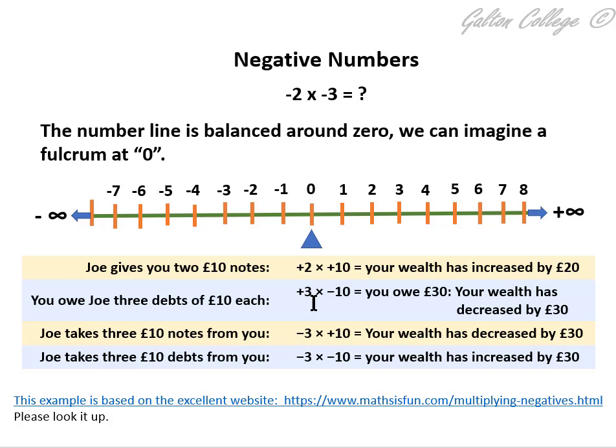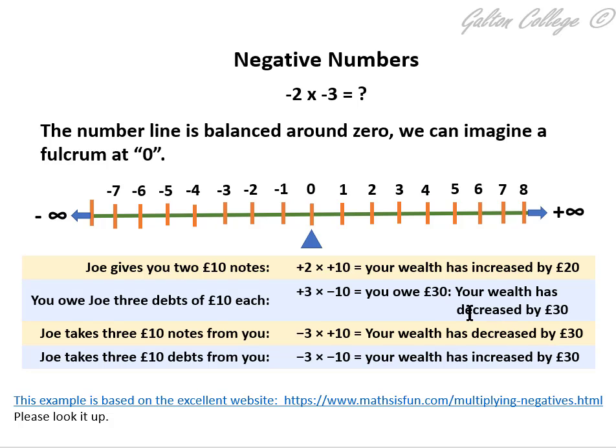Now, you owe, let's say, 3 debts of £10. You owe Joe 3 debts of £10. So there are 3 debts. That's the 3 of £10. So you owe 30.